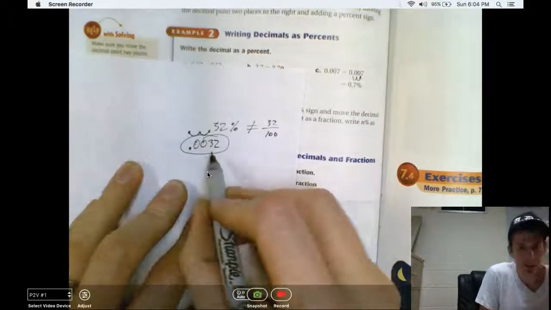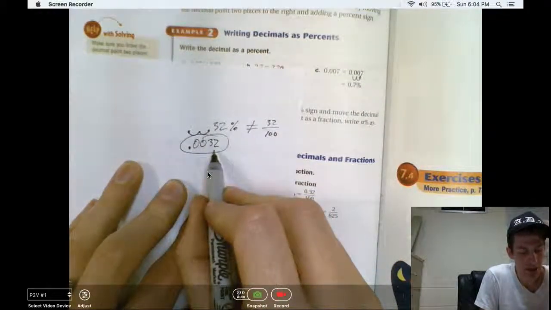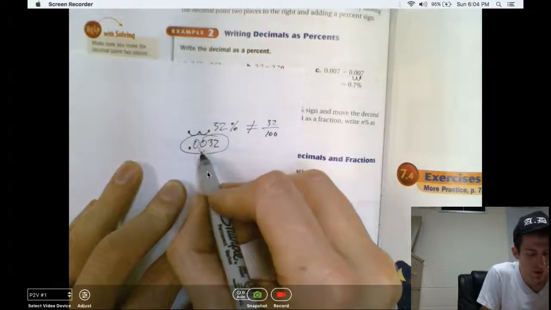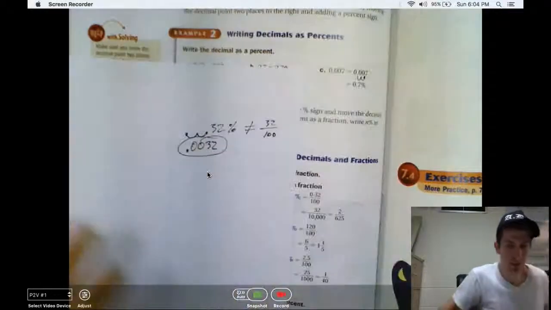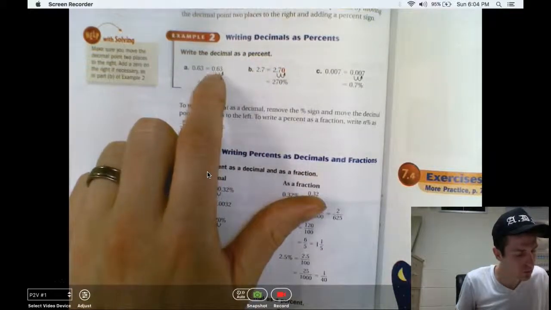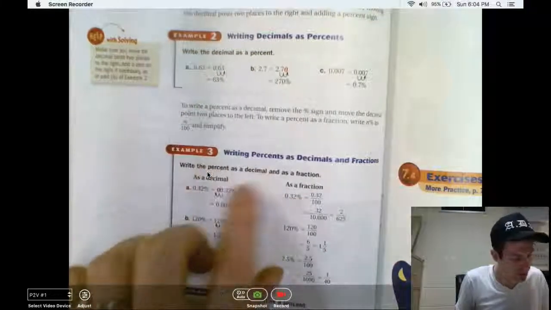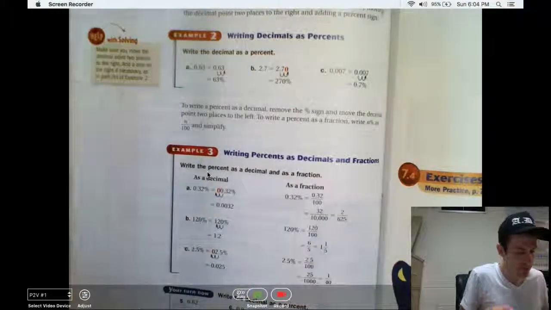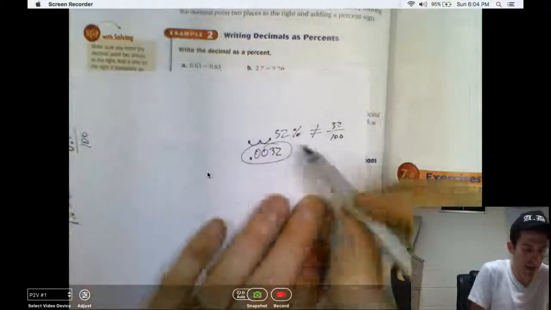If I gave you this decimal and said, write that as a percent, you would move that way. For some of you working on your assignment today, you might have to flip back and say, oh yeah, decimal to percent, you move the decimal place to the right. Percent to decimal, you move it to the left. Okay, that's fine. Flip back if you need.